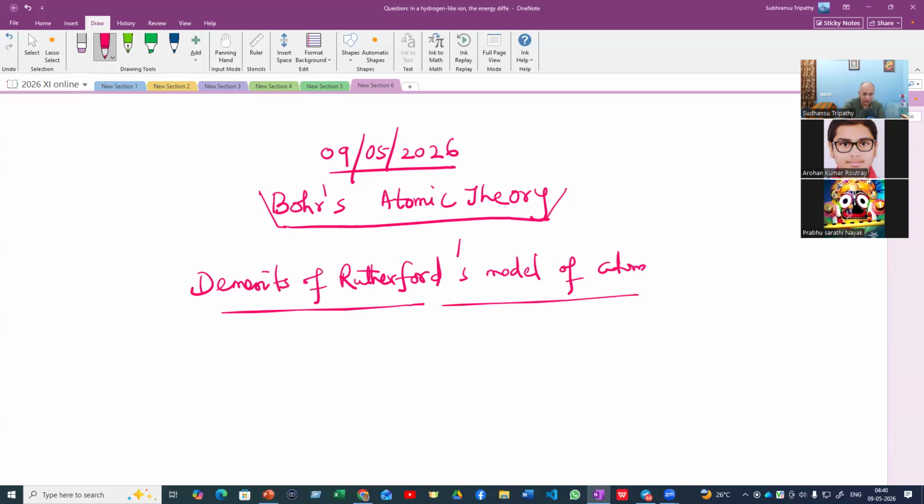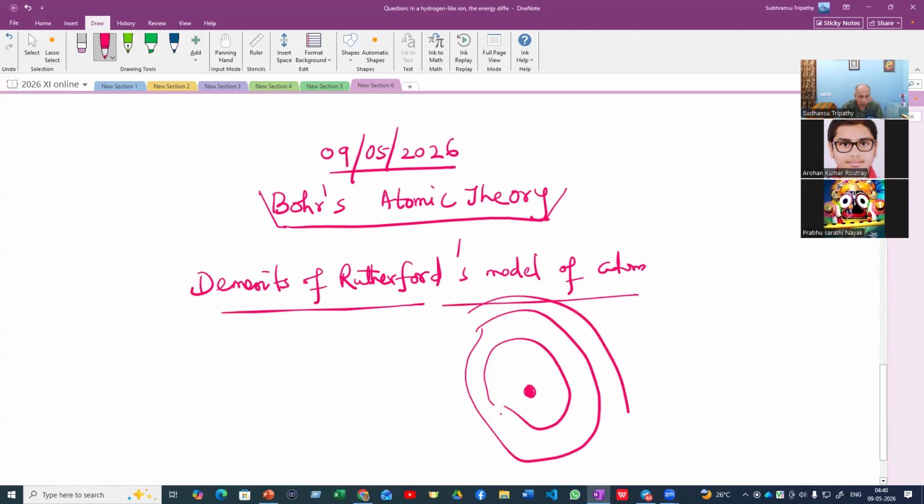An atom consists of a very tiny portion called the nucleus, and the electrons are moving in circular orbits. The nucleus carries all the positive charge and almost all the mass.